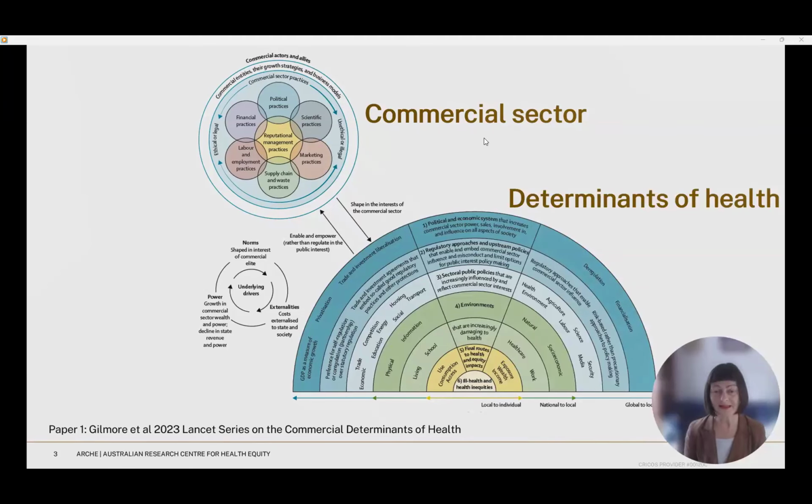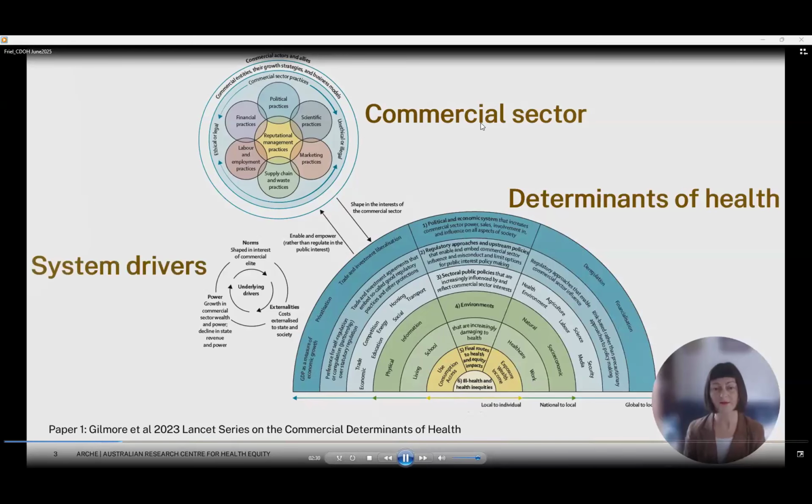They sit alongside what we already know in public health and refer to as the social determinants of health, these wider policy, governance, and regulatory domains that we have already been studying and trying to act on, because we know that they matter a lot for health. And these interact very much with the commercial sector.